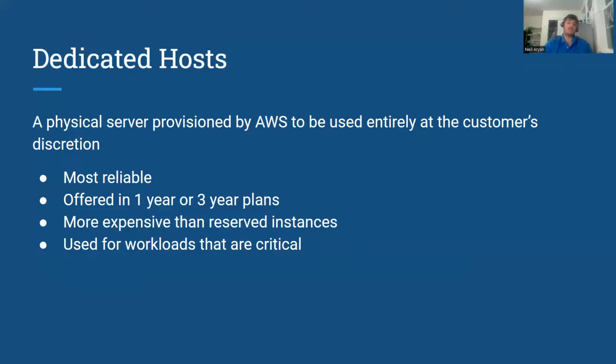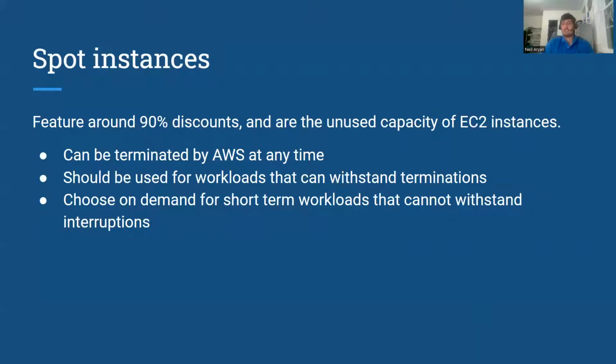And then finally, we have spot instances, and these are pretty much the cheapest ones, but also the least reliable. They feature around 90% discounts and are the unused capacity of other people's instances. They can be terminated by AWS at any given time, but they will give you a short window to save your progress or save your data. They should be used for workloads that can withstand interruptions.